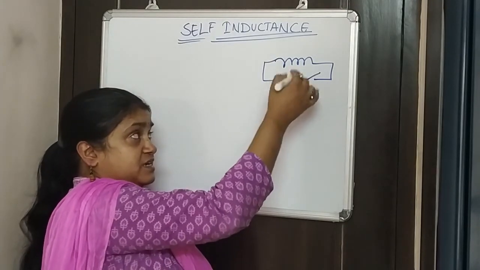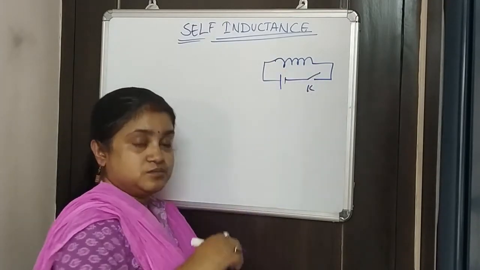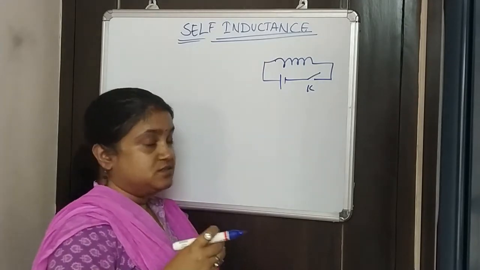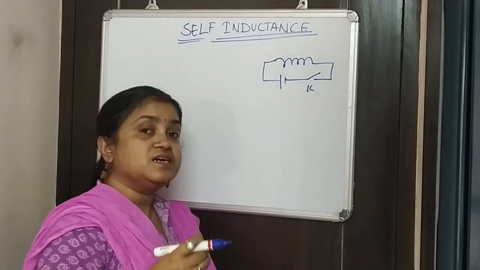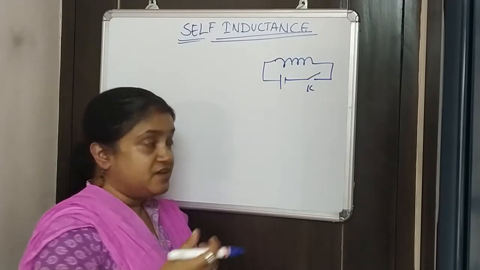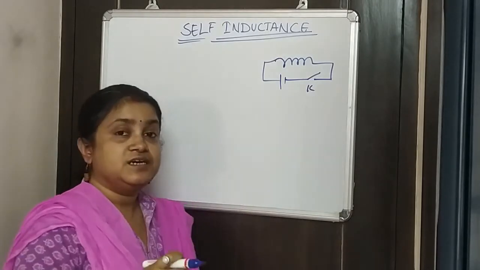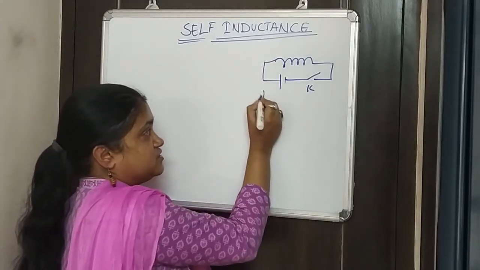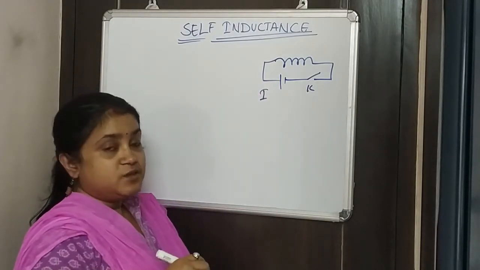Whenever I press the key, the current goes through it. Suppose I can regulate this current, and I change the current passing through this circuit. Then what happens?